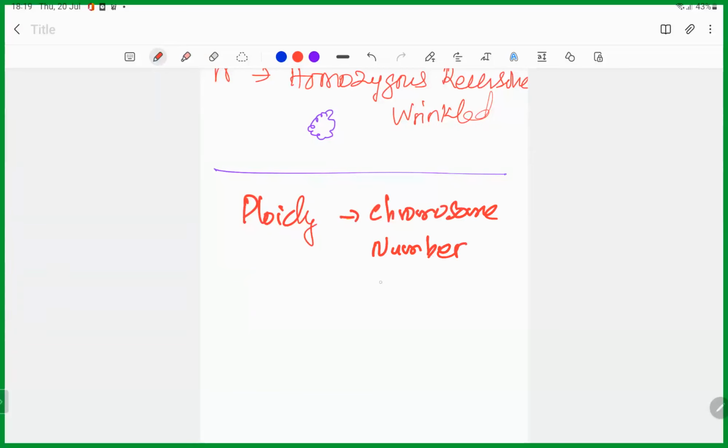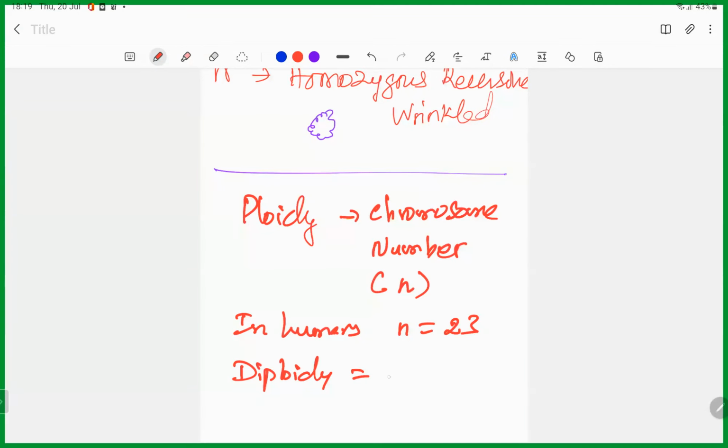Symbol is N. In humans, N equal to 23. But we are diploid organisms, so 2N. 2 into 23 equal to what? 46. We have 46 chromosomes in every cell except sperm cell and egg cell. All other cells have 46 chromosomes.